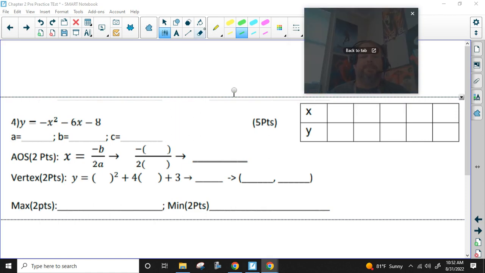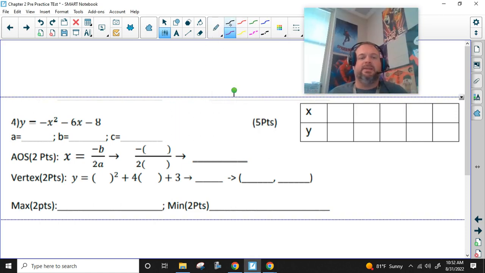All right. So here A is -1, -6, -8. Now, because our A is negative, our minimum is going to be negative infinity.